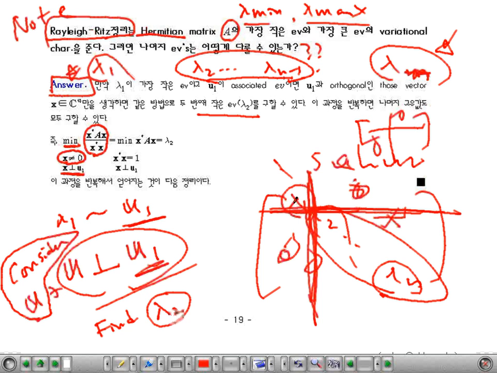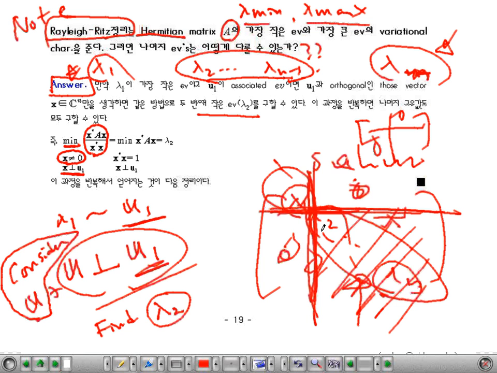It's diagonalizable. So you just think about the vectors which are orthogonal to u1. Then all the others are in here. So you try every vector that makes this the smallest among all except those multiples of u1, and this is a scalar multiple.